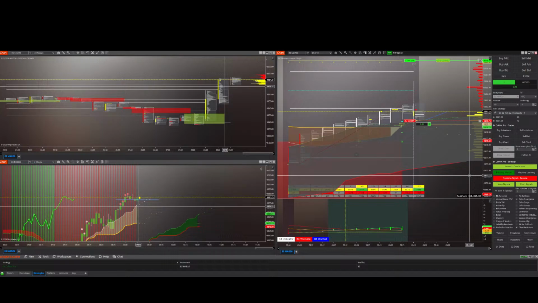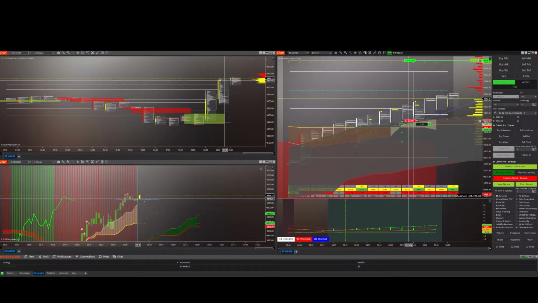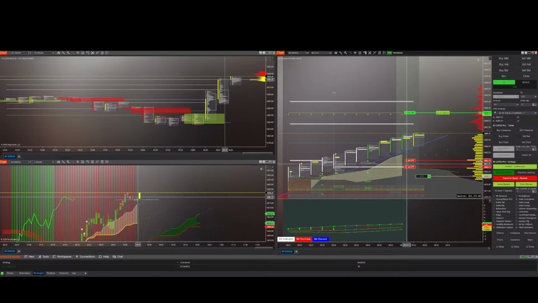You'll have to trade at your own risk. We'll go ahead and guard that behind that point of control right there. Got an unfinished auction right there, an open space.